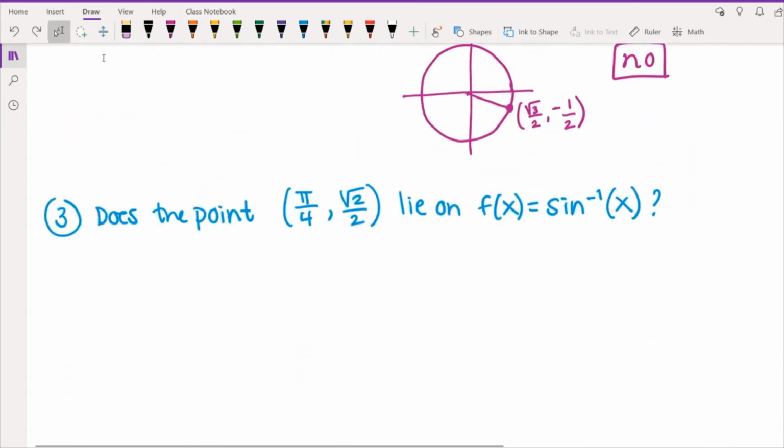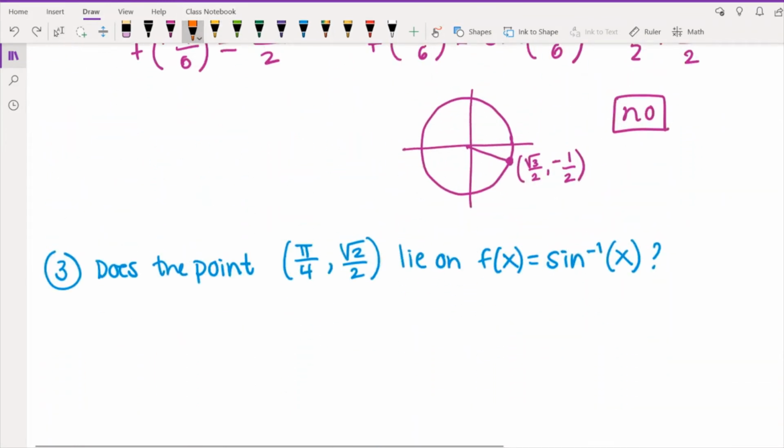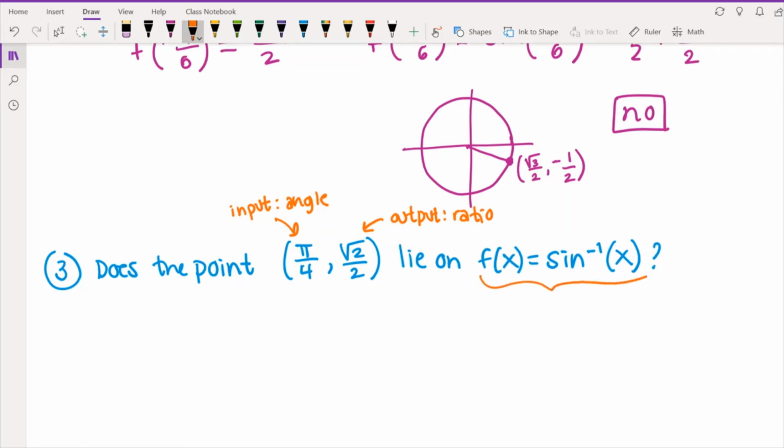If we look at this point, the input is an angle, and the output is a ratio. And so that doesn't fit with inverse sine, right? Inverse sine is supposed to have an input of a ratio and an output of an angle.